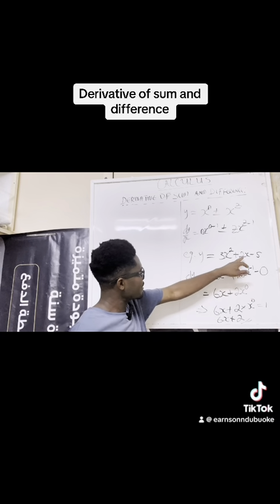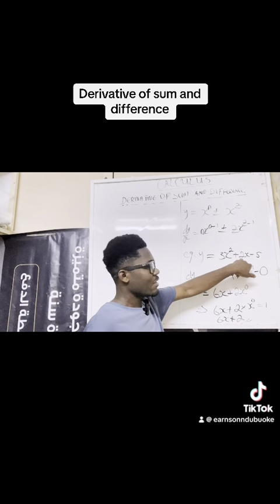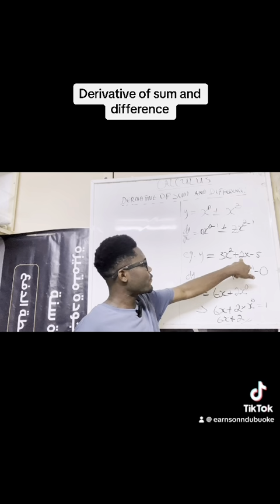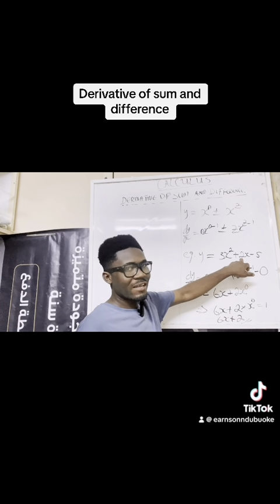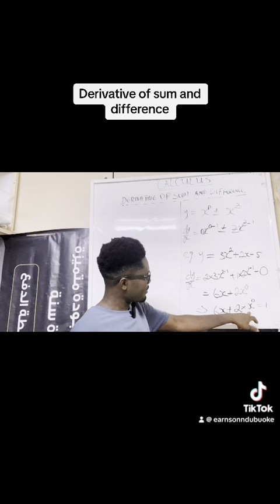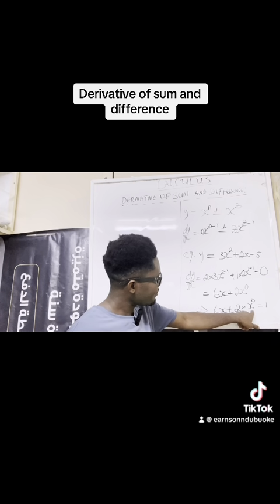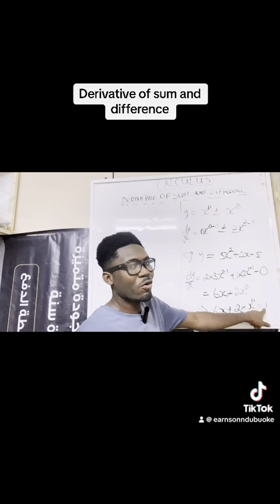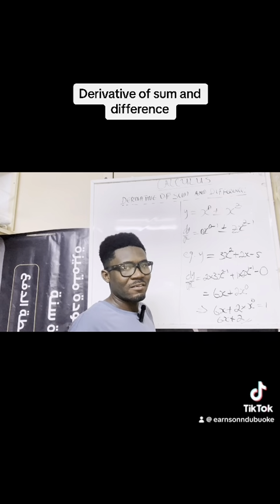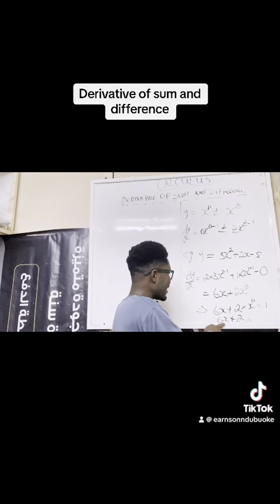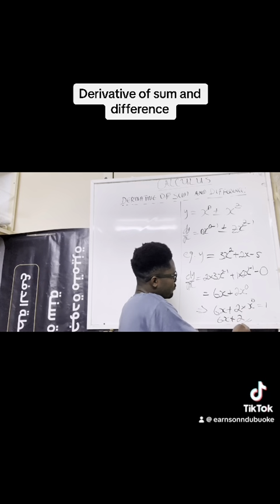Because when you differentiate 2x, what you're going to get is a constant 2. So this is how we get it. So x raised to the power of 0 is equal to 1, and when you multiply 2 by 1, you have 2.